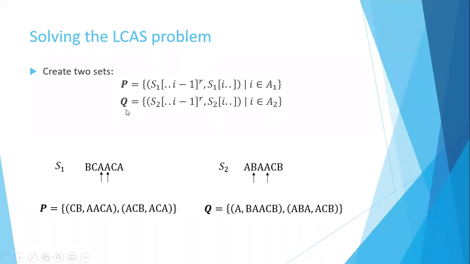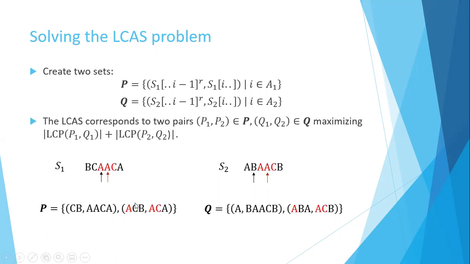We do the same for Q with S2. Now, given these new sets, we would like to find a pair from P and a pair from Q that give us the maximal LCP, the longest common prefix, for the first string and the second string.